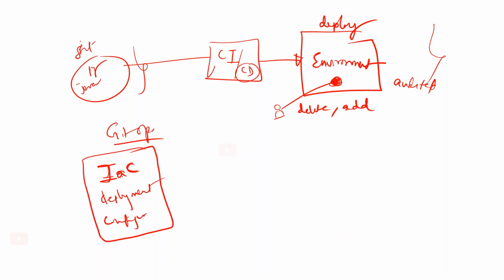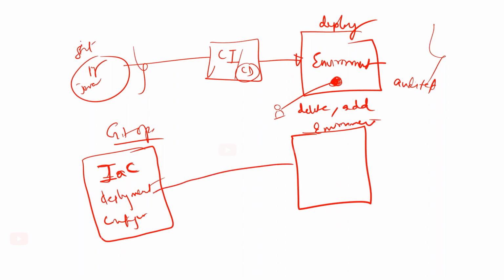You version control them, and then have your environment sync with these configurations automatically using pull based. So you have some sort of agents or bots. They'll pull this configuration and they'll configure the environment automatically.